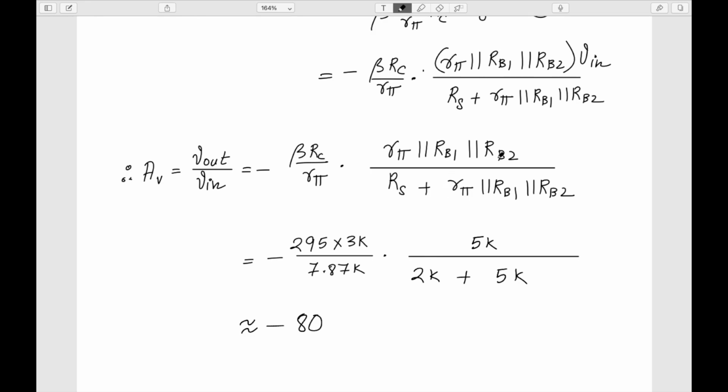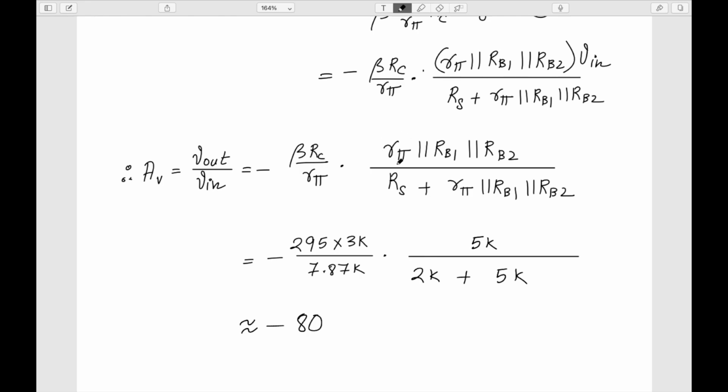If you observe in the expression of the gain, this RS has come in the denominator. If the value of RS is quite high, then you can see that the gain decreases. Whereas if RS is very small compared to this, if it is in a few ohms, it will not affect the gain.